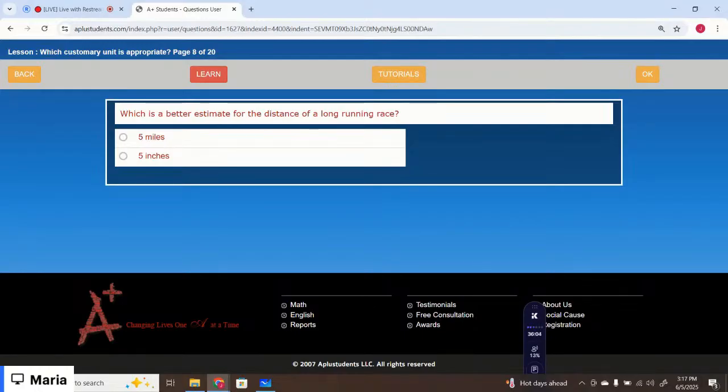Running race, then that would be 5 miles. Option number one is the correct option.